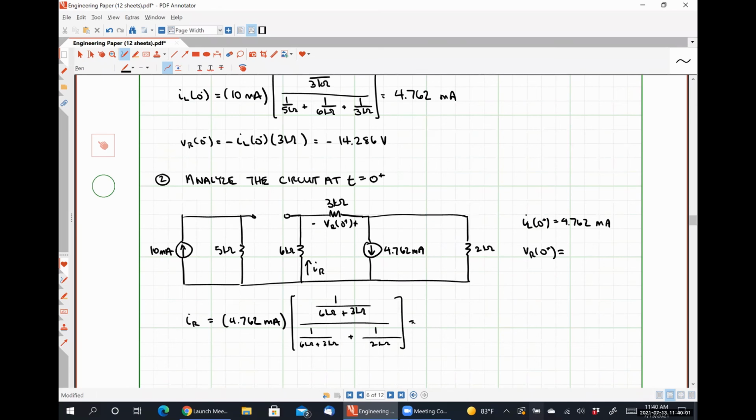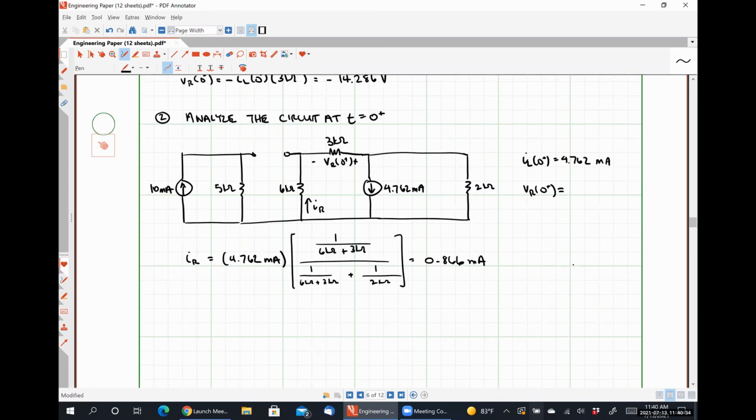So let's go ahead and throw that into our calculator, and I get 0.866 milliamps.